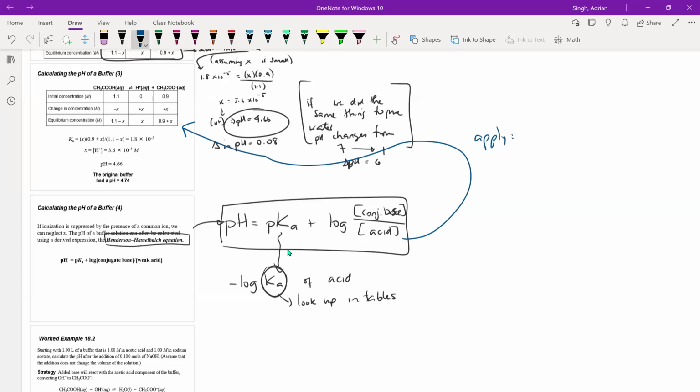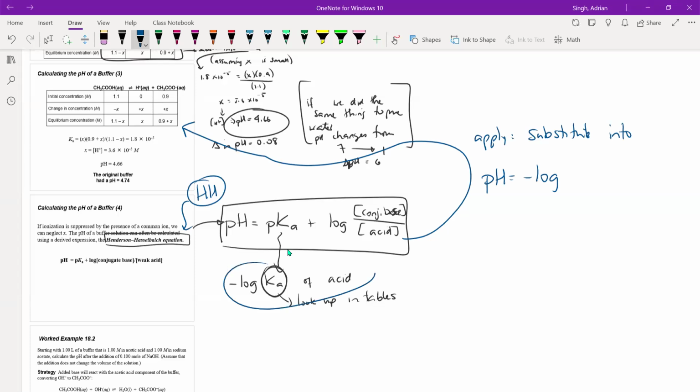we're going to substitute our values into the Henderson-Hasselbalch equation, which I often abbreviate as the HH equation. We would see that the pH is equal to the negative log of the Ka, and that's the pKa.